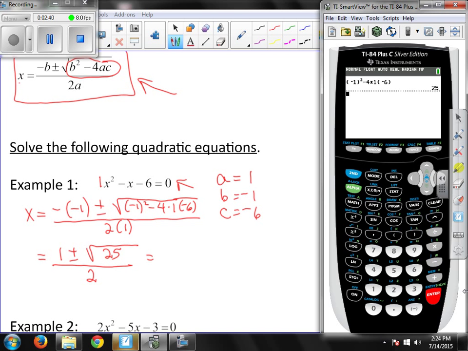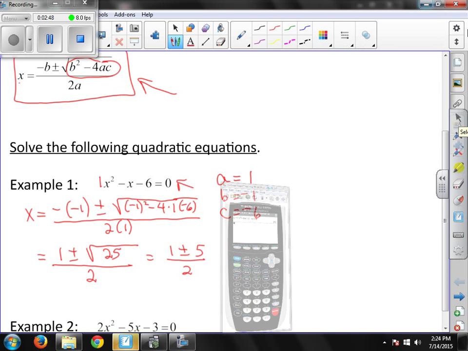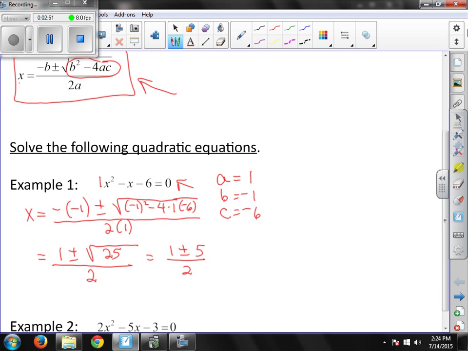Next, I'm going to simplify my radical. 1 plus or minus 5 over 2. Now here's where the plus or minus comes in. We really have two separate problems here. 1 plus 5 over 2 and 1 minus 5 over 2.